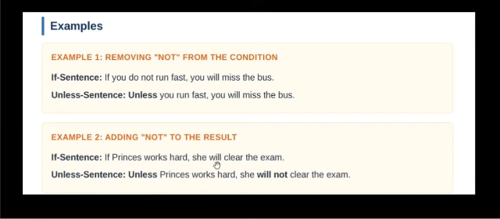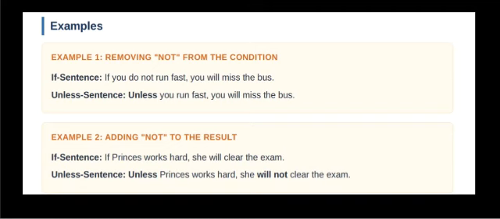The first part is okay. What about the second part? The second part is saying "she will clear the exam". So we're having this problem: the second part has a positive part in it. So in this positive part, we're supposed to introduce the word "not", so that both parts are balanced. So the sentence will be, "Unless Princess works hard, she will not clear the exam."